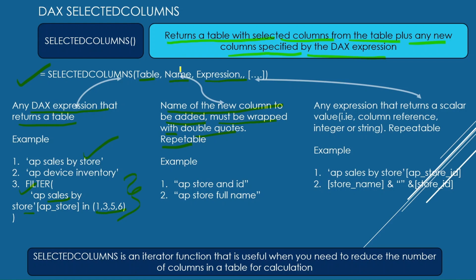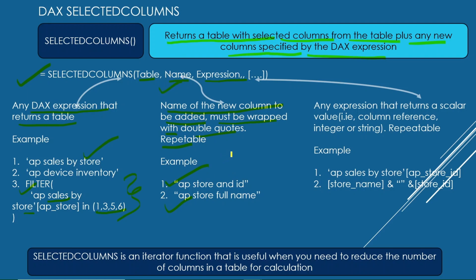If we want to add more columns, then with the help of double quotes, we can give the name of the column like this. This is the AP store ID and AP store full name. So suppose these are the two additional columns we want to add in that particular table.